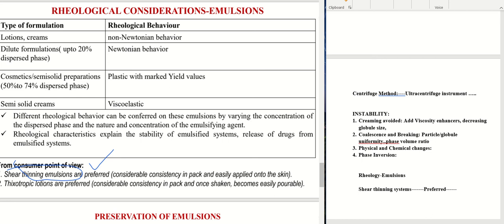And again, thixotropic property and shear thinning property are preferred to get a stable product. Let's recollect the thixotropic behavior. What is thixotropic behavior?